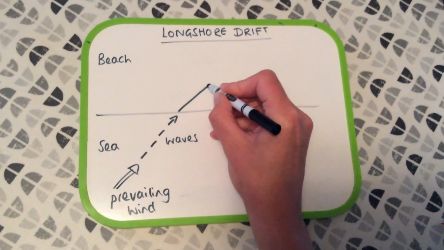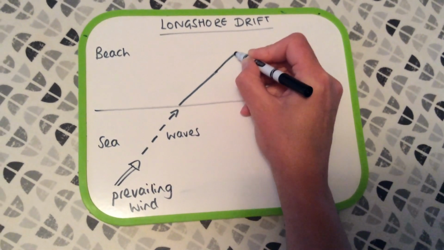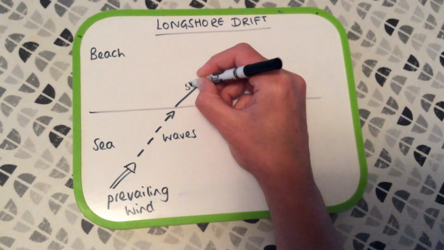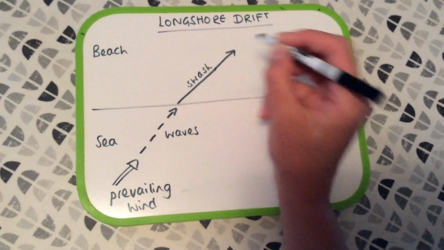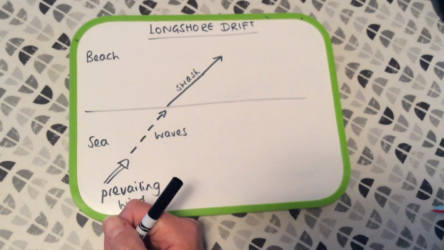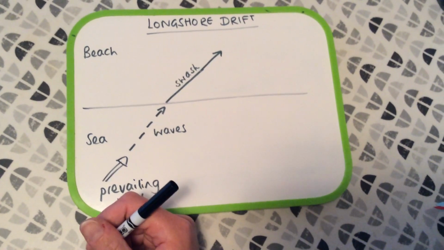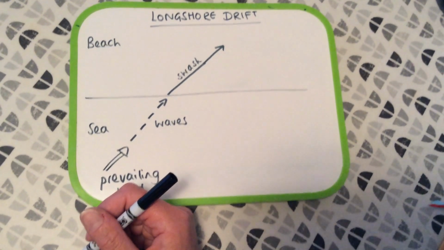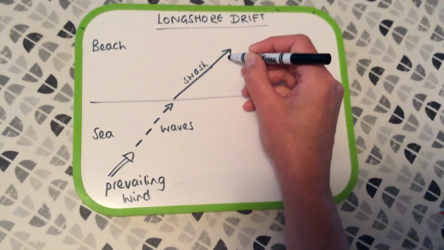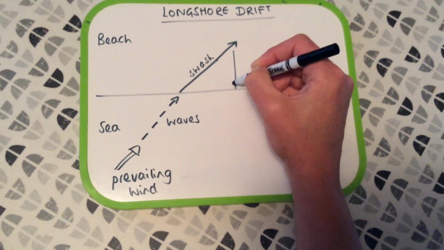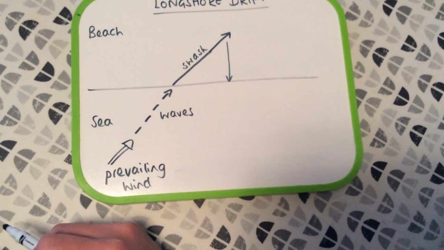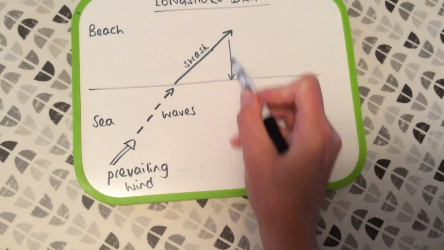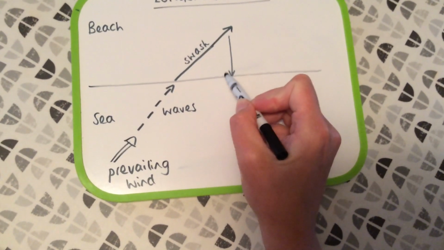So the waves come up the beach like this. So this line here is the swash. The waves swash. Backwash, the way that the waves go out, travel back out to sea, they always go out perpendicular to the coastline. So they always go out at like a 90-degree angle here.